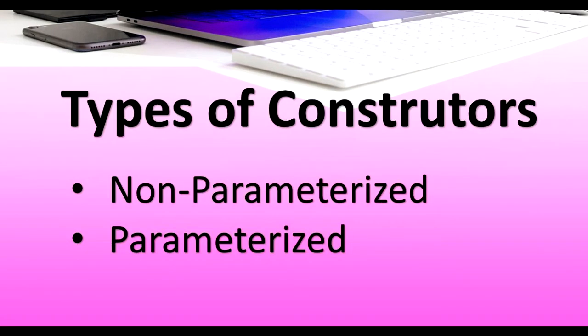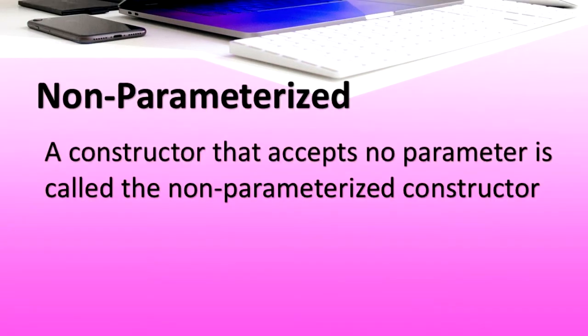Types of constructors. There are two types of constructors: non-parameterized constructors and parameterized constructors. A constructor that accepts no parameter is called a non-parameterized constructor. Let us discuss in detail. Non-parameterized constructors are considered default constructors. It takes no parameter.